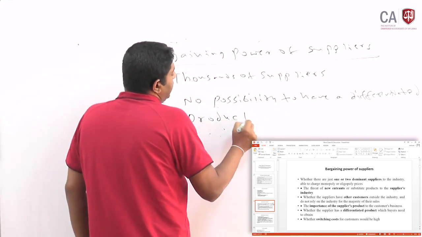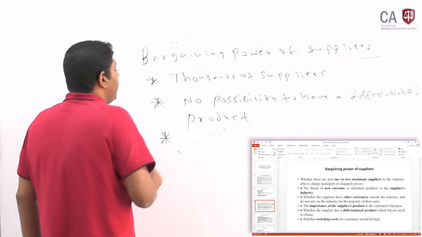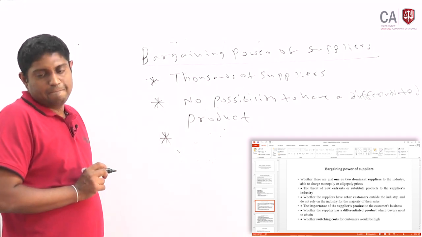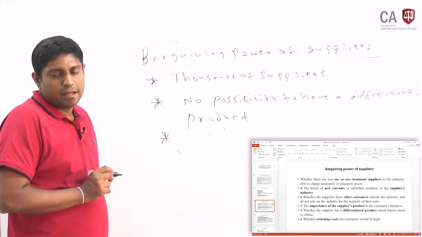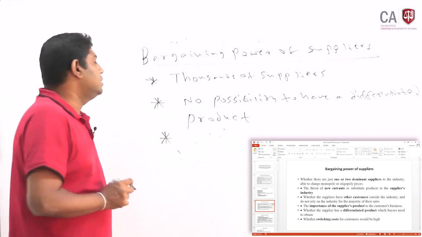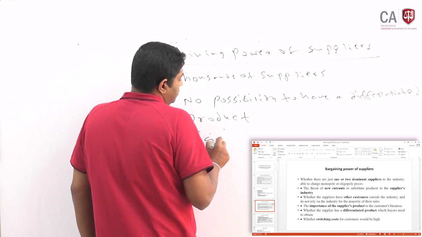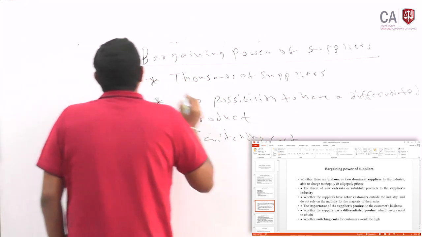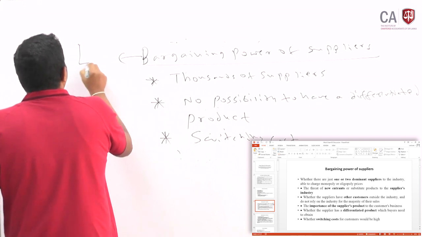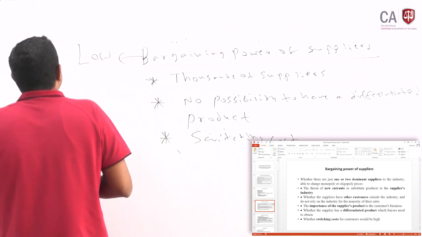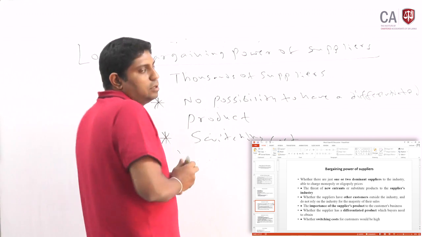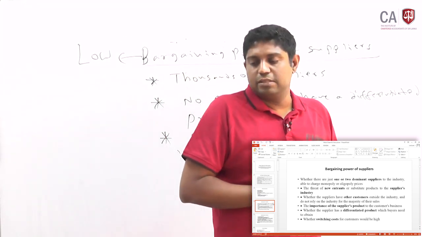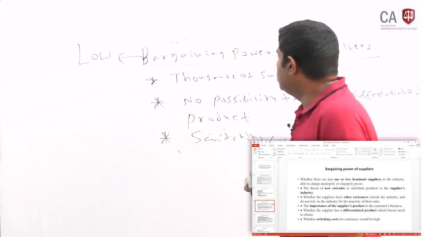At the same time, switching cost is low. So, therefore, I am coming to a conclusion that bargaining power of suppliers is low. Earlier one, threat of new entrants, we identified as also low.